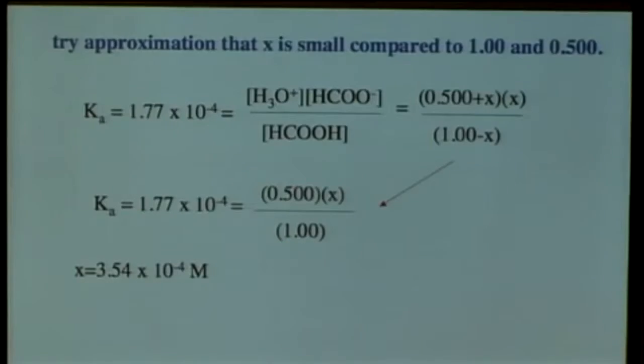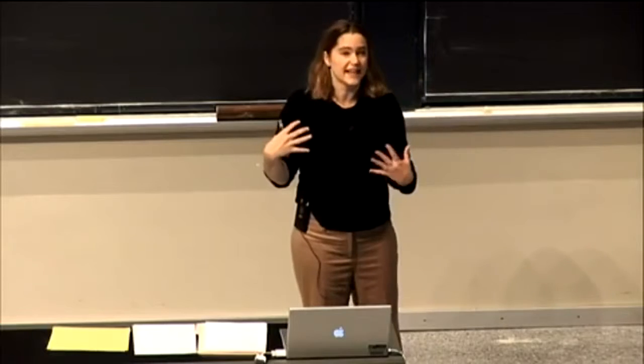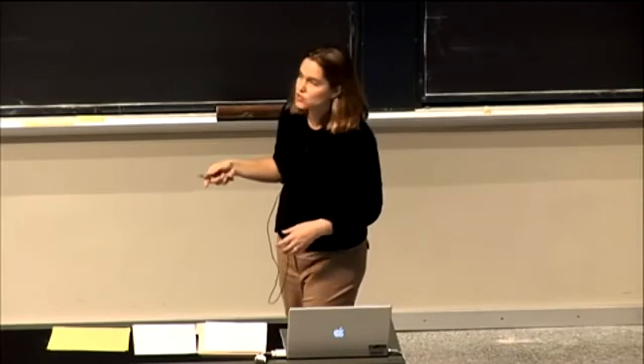So making that approximation, we can calculate x as 3.54 times 10 to the minus 4 molar. And now we need to check that assumption. Well, you can probably guess it's going to be OK, because something times 10 to the minus 4 compared to 0.5 and 1, that's probably going to be OK that it's small.